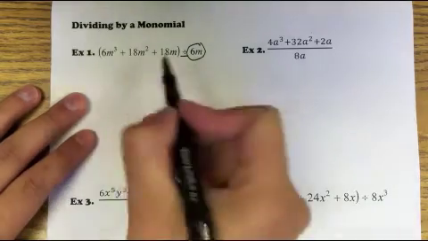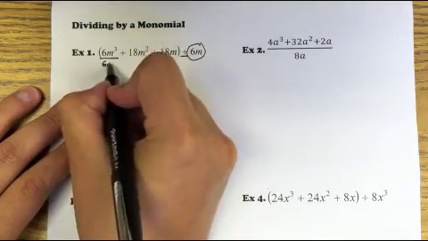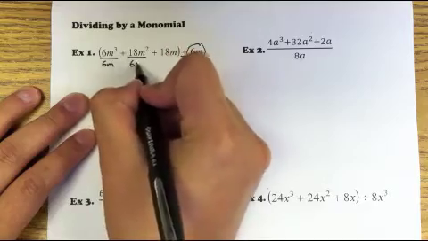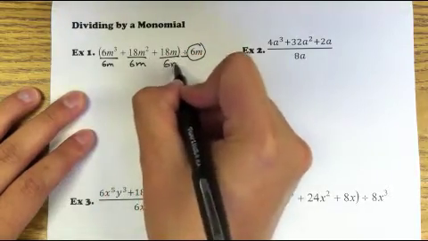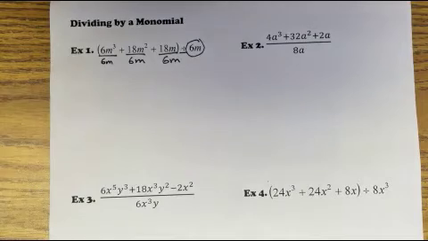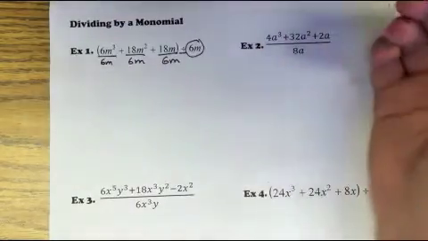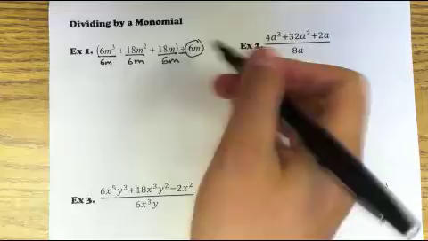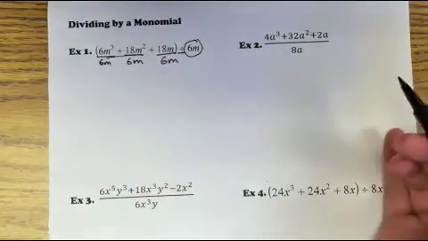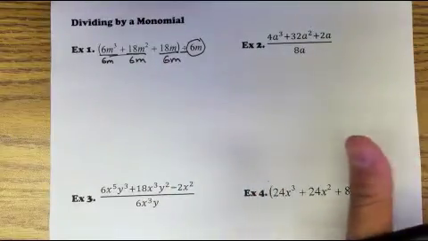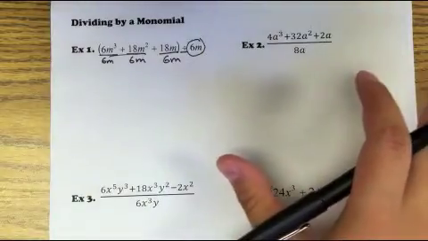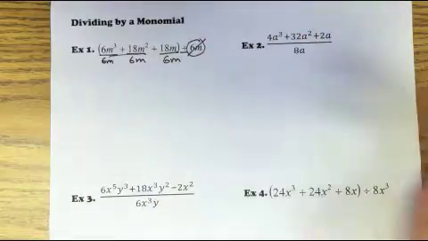So I'm going to put my divide by 6m, divide by 6m, divide by 6m. And you're going, whoa, they look like fractions. That's fine. The fraction bar is basically the concept of dividing, and that's what we're trying to do: take this and divide it by everything inside the parentheses. So it's all good. I really didn't do anything to this problem. You can cross this out now since we moved it.